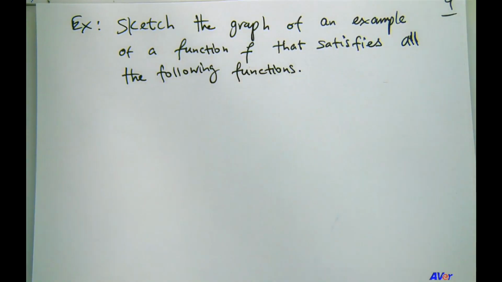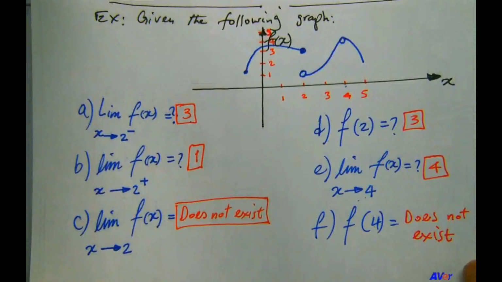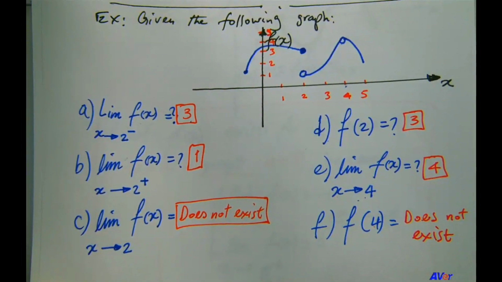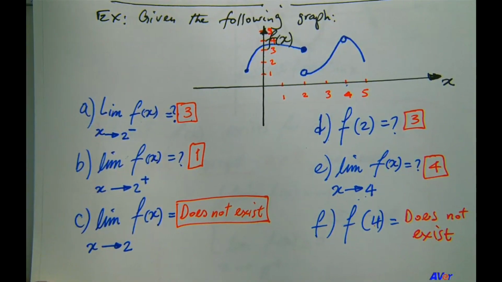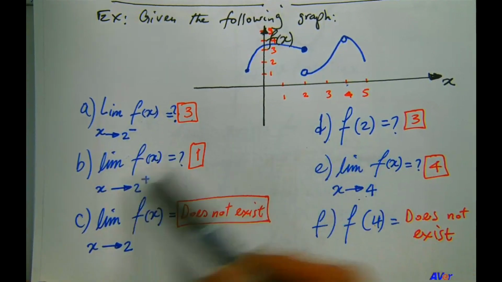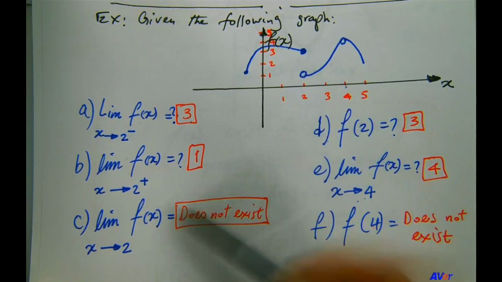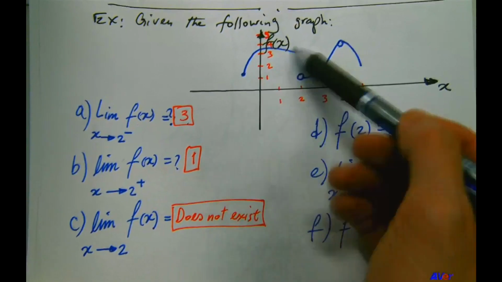So a few minutes ago, we saw an example where there was a graph and we had to answer some questions, right? This one, I'm talking about this one, right? So now in this example that we're going to do now, these are given to us and we're expected to look at this information and draw the graph for that. Okay, so we're going the opposite way.